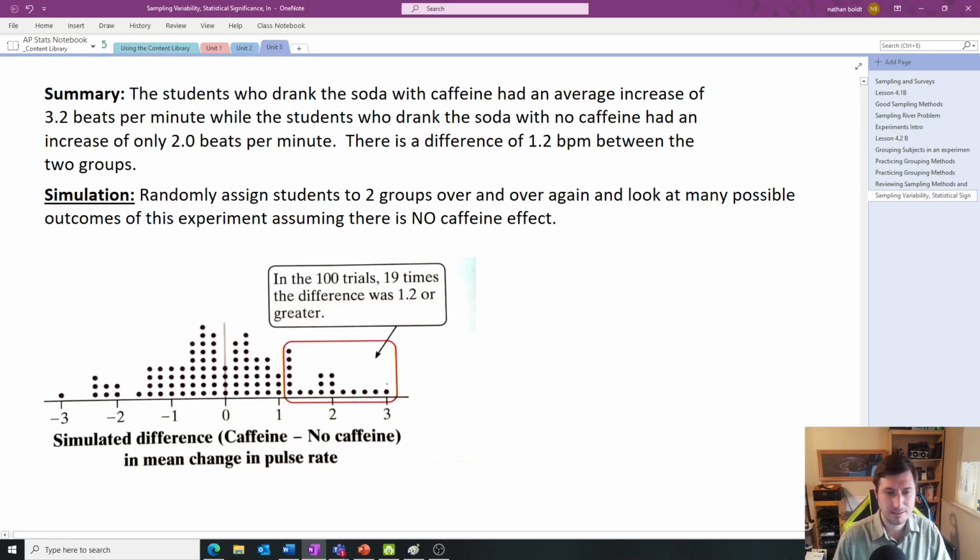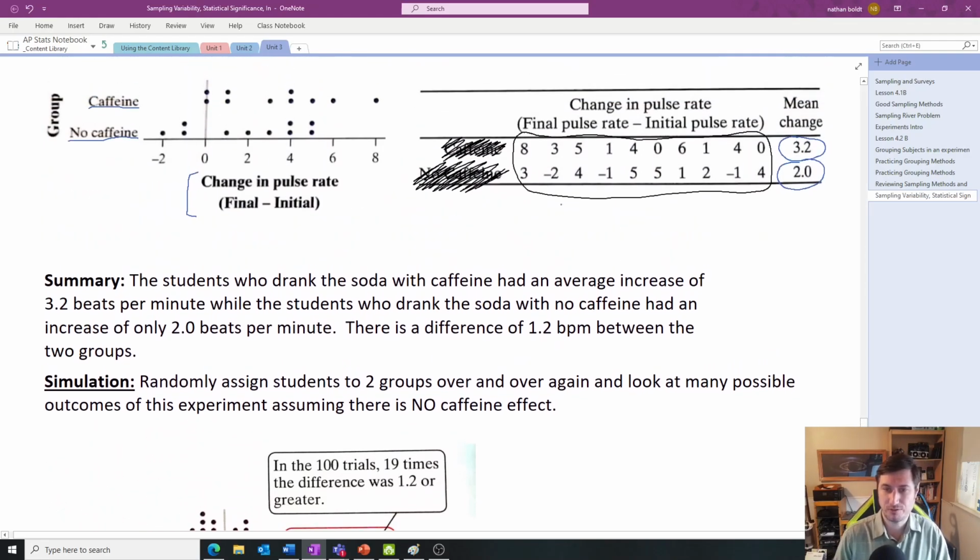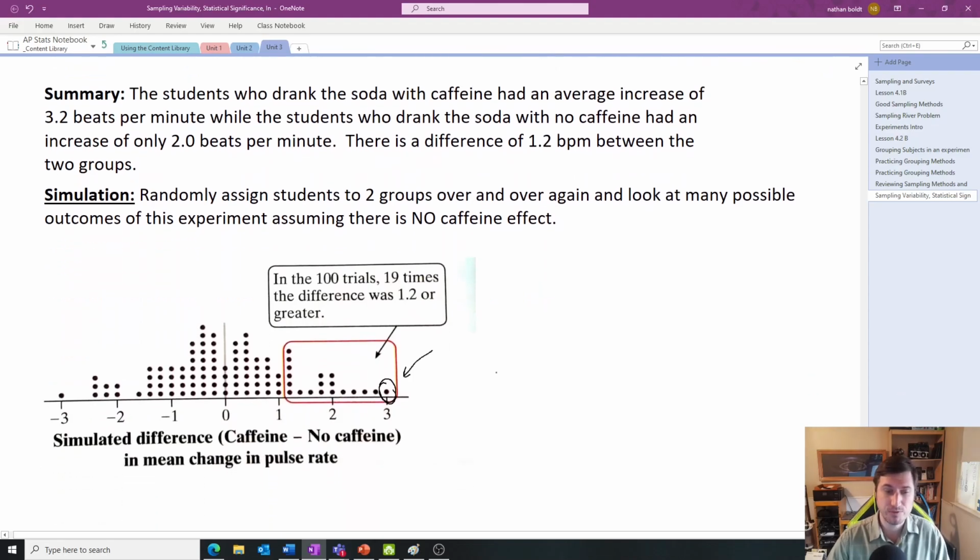So what does, say, this one dot at the 3 represent? That represents a hypothetical experiment, choosing groups from these numbers. So I would randomly pick 10: 1, 2, 3, 4, 5, 6, 7, 8, 9, 10. That would be my first group. Take their average, take the other group's average, subtract them, and one of those times the difference was 3 beats per minute.